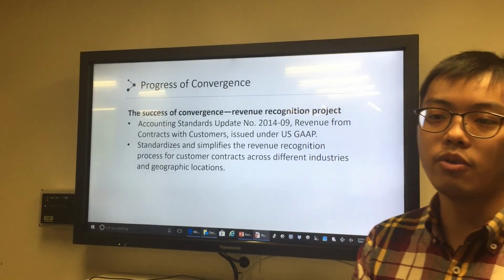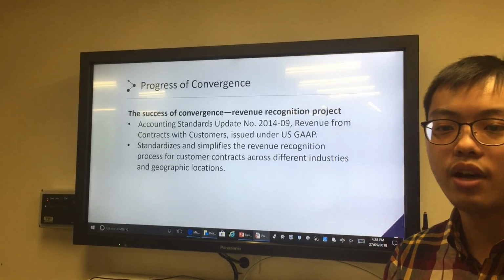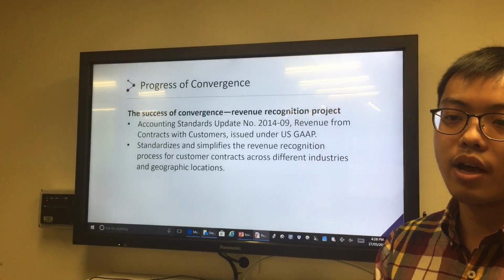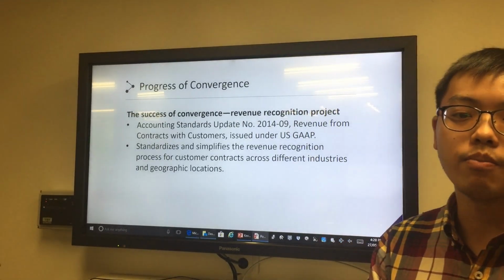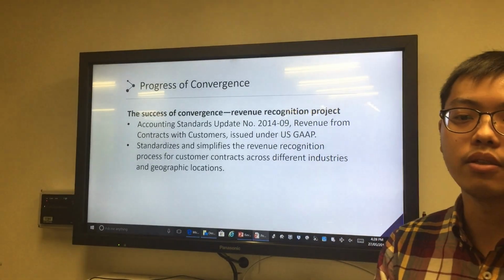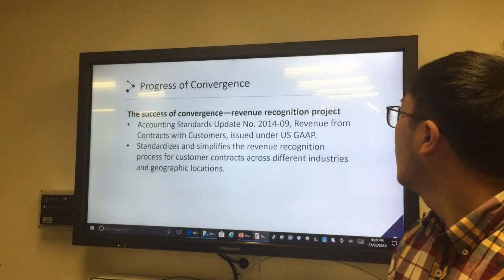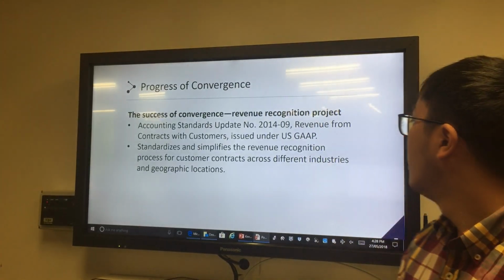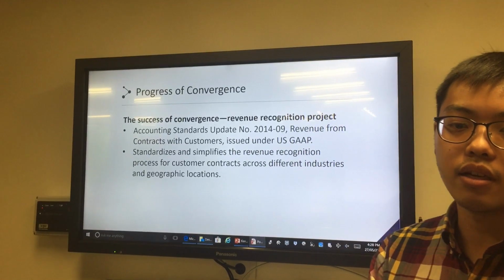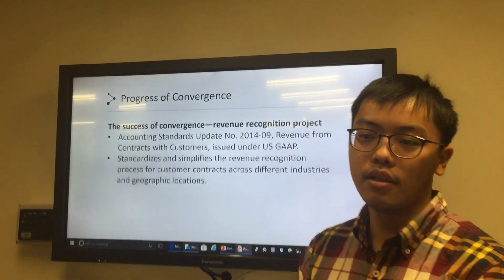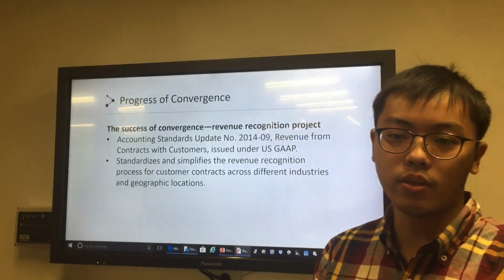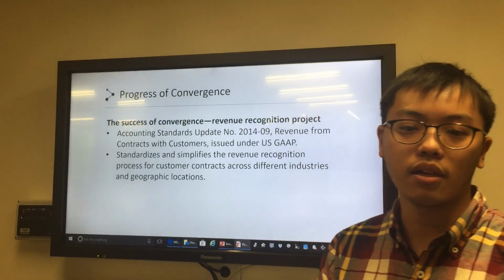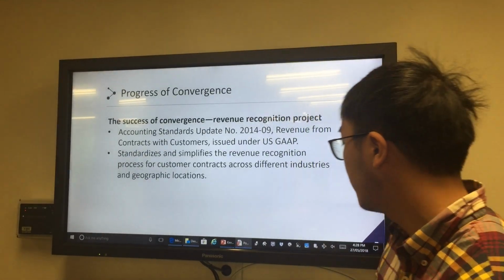It takes effect for reporting periods beginning after December 15, 2016, for public companies, while private companies have an extra year before they are required to comply. The new guidance is intended to standardize and simplify the revenue recognition process for customer contracts across different industries and geographic locations.